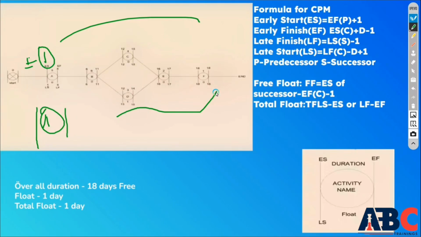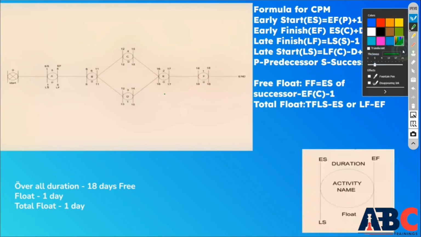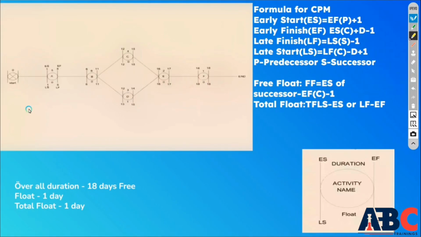Now we have to calculate early start and early finish, and we will see the calculation one by one. For this activity, I have to calculate the early start and early finish, or you can also calculate the duration as in the previous video.